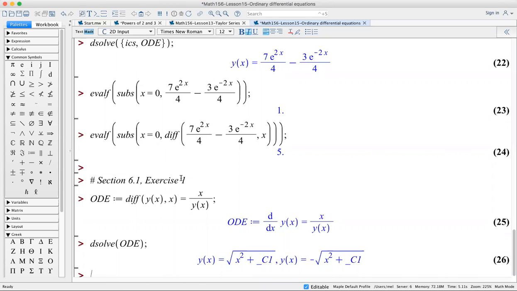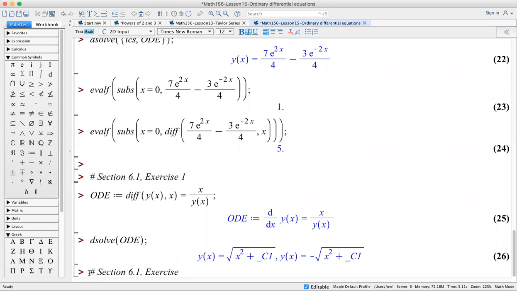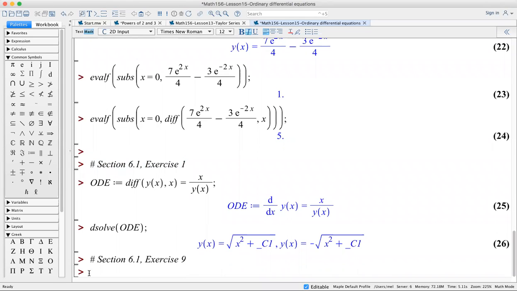I'll do another one too. Number 9. So in number 9, the differential equation is y of x times the derivative of y of x with respect to x equals 4 sine x.